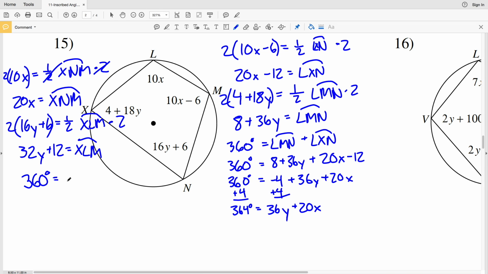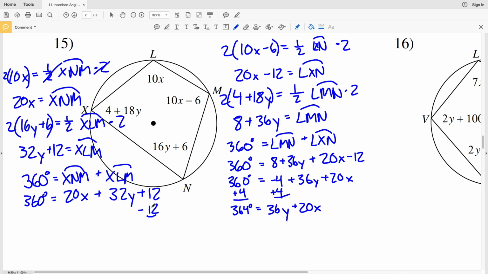So 360 equals XNM plus XLM. So that's 360 degrees equal to 20x plus XLM, which is 32y plus 12. So all I need to do is subtract 12 from both sides to get that 348 degrees equals 20x plus 32y.